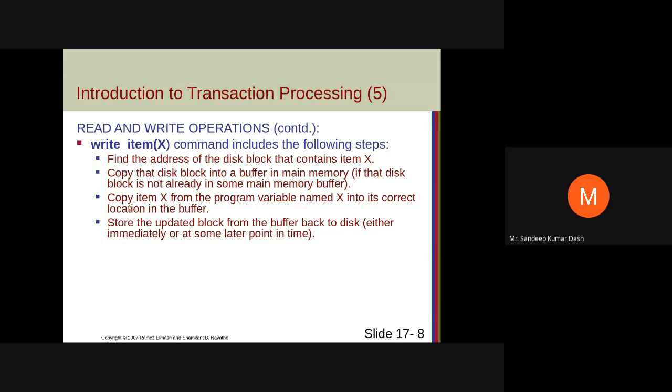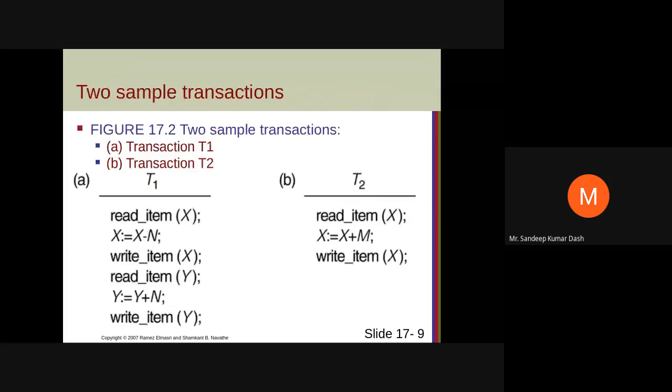Then copy the item from the program variable onto the buffer. Then that particular memory location can be transferred back from the buffer to the secondary memory, the database. So writing means you are writing from the program location to the memory location.